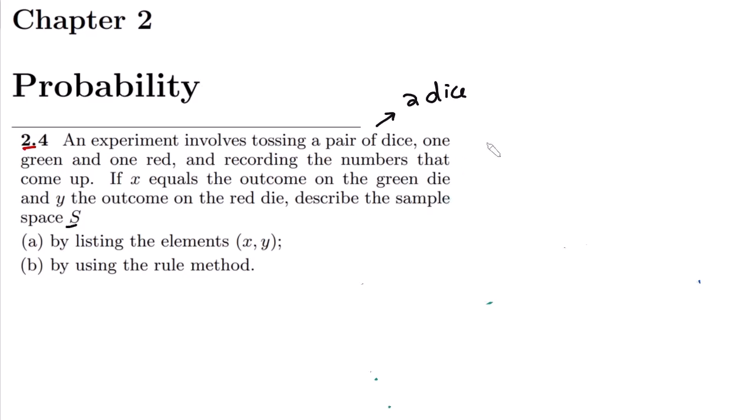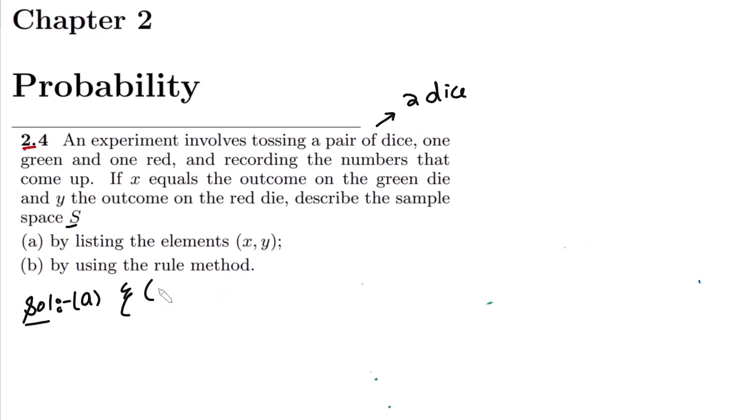So let me start solving it first by using the listing the elements method. Here all the elements will be composed of X and Y, and these will be from 1 to 6.